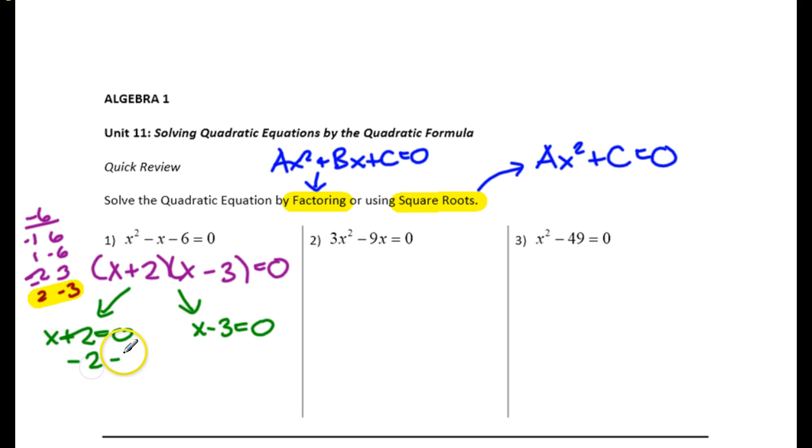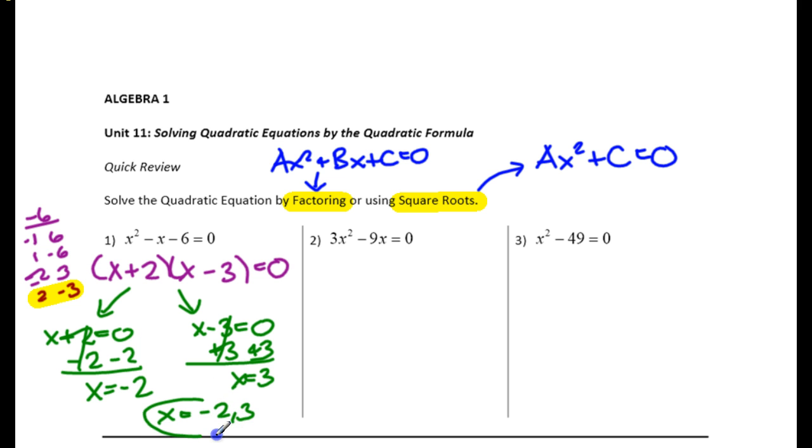Get the x by itself by doing minus 2. So here x equals negative 2. And then for this one, x minus 3 equals 0. Opposite is plus 3. And then here I have x equals positive 3. So my final answer is x equals negative 2, comma, positive 3.